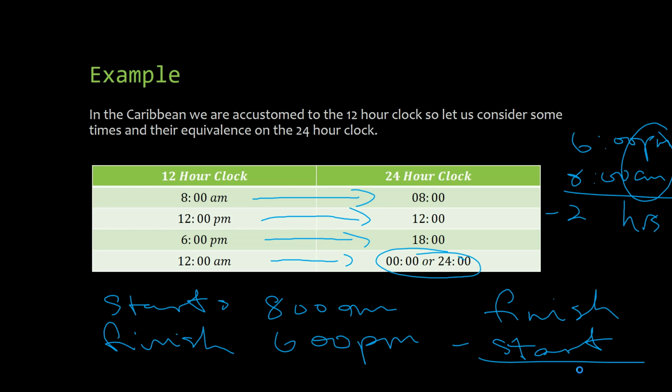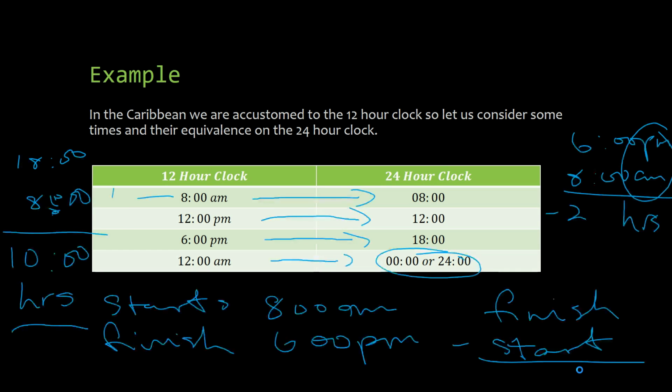However, if I rewrite this into the 24-hour clock notation, I will have 18 hours, 0 minutes, and 8 hours, 0 minutes as my values, and then when I subtract it I get 10 hours, 0 minutes. Notice it will tell you right away how long your journey was. Instead of us having to go and count, okay, from 8 to 12 is 4 hours, from 12 to 6 is 6 hours. So we have 6 and 4, 10 hours.